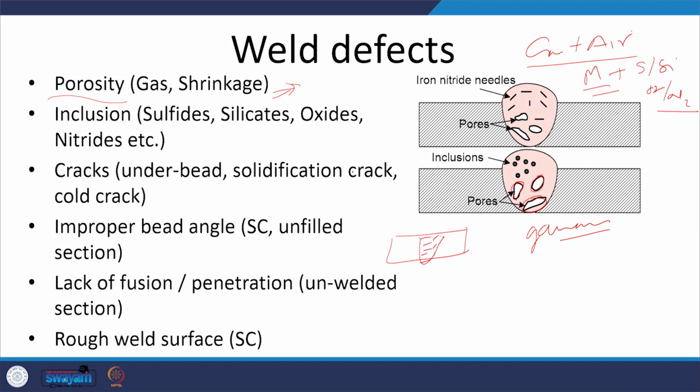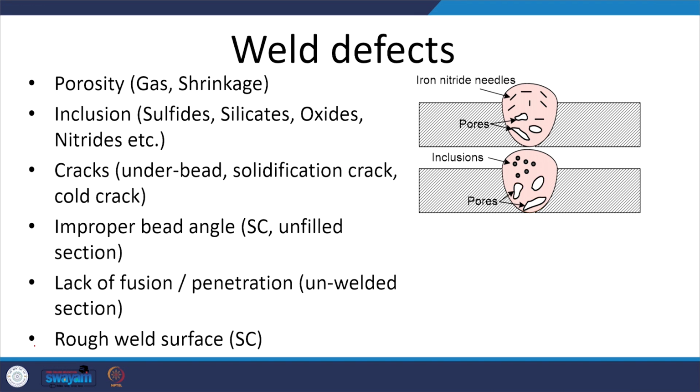So, these are the two ways by which inclusions adversely affect the performance: they break the metallic continuity and act as a stress raiser. Stress concentration will be high in those regions, and therefore, under externally applied stresses, they tend to promote fracture and cracks.